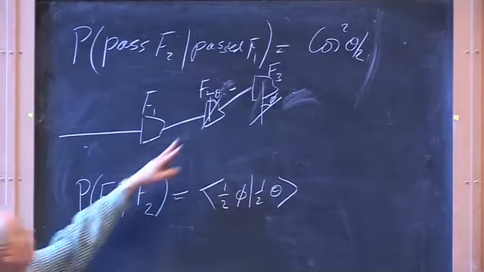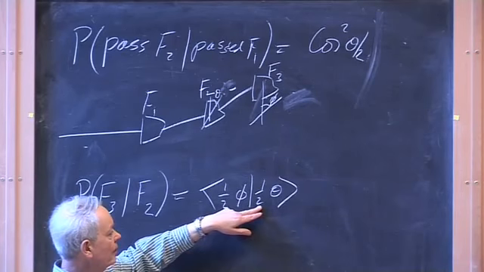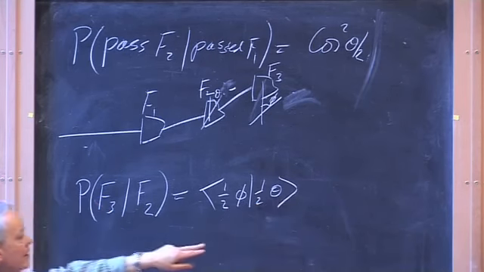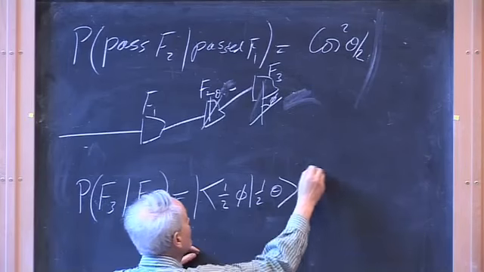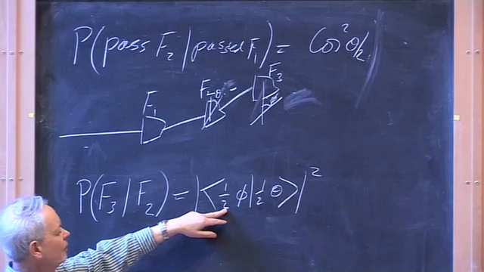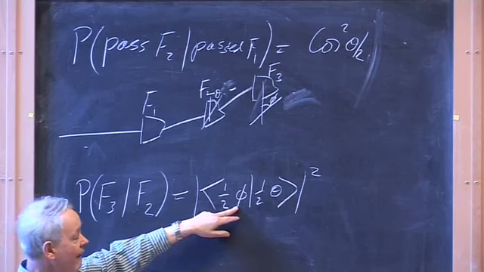So the output from this filter definitely has particles with plus a half component of angular momentum in the direction defined by theta, and I want to know the amplitude that those particles will definitely give me a plus a half if I measure in the direction defined by phi.